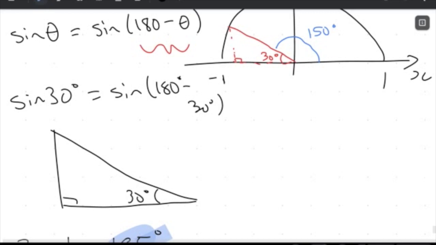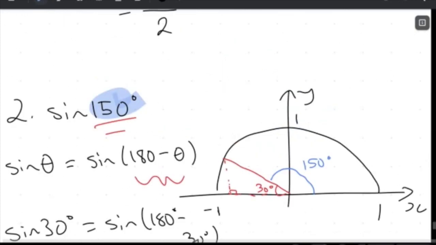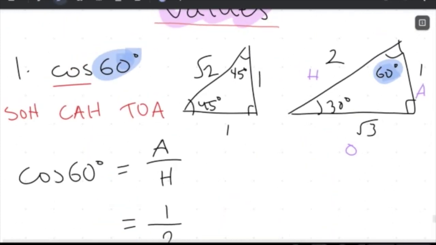Now I have a right angle triangle with 30 degrees here. All angles on a triangle add up to 180, so this one's going to be 60. And this triangle looks kind of familiar. That is this one on the right here. This is an exact value triangle that I've made in my unit circle.